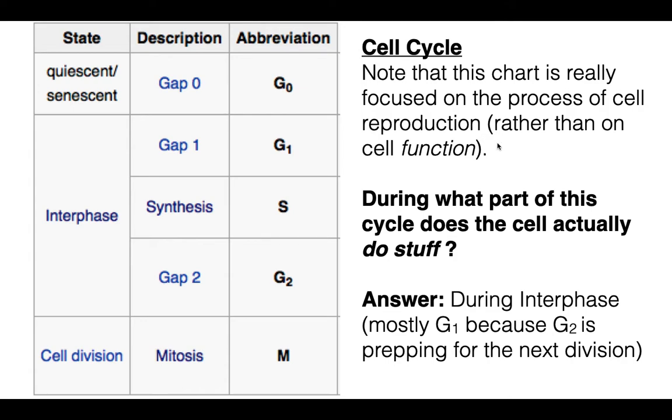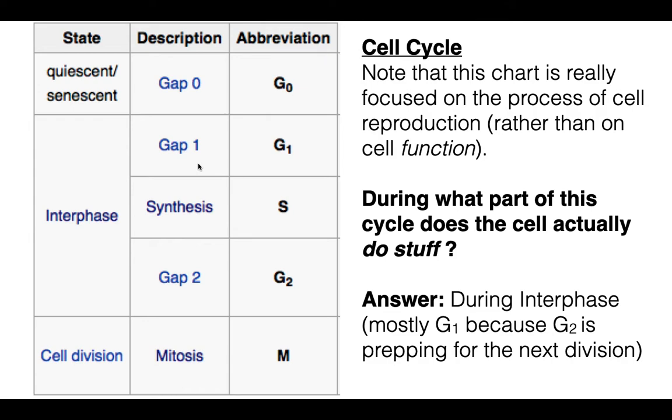So during what part of the life cycle of a cell does the cell actually do stuff? The answer really is during the first gap phase. So in between, when the cells split apart and go dormant for a moment, and when they start reproducing more DNA to split again, gap 1 really is where the cell lives. That's where it's doing its thing, whatever its thing is.